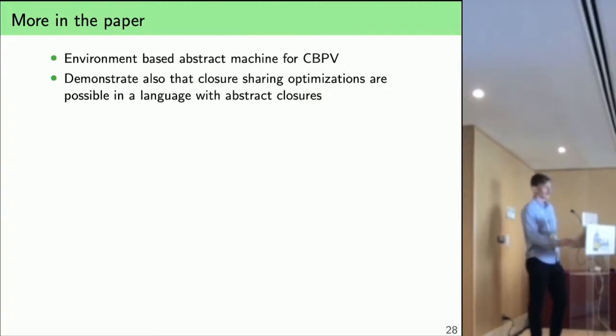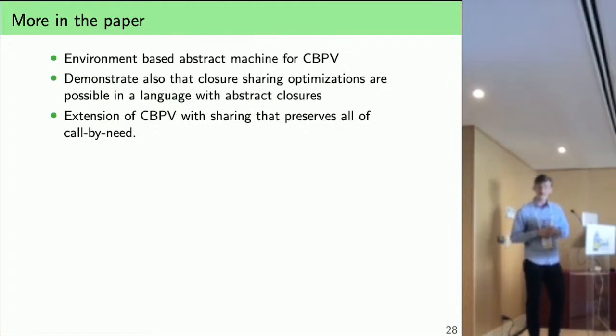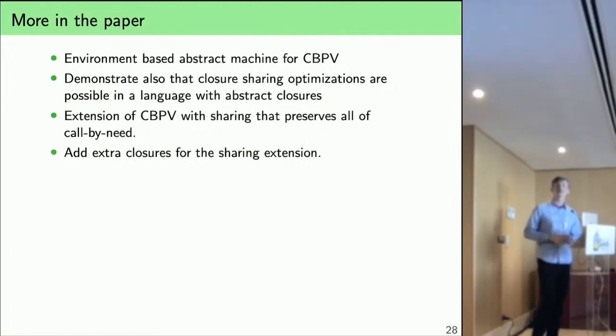So we extended call by push value with a sharing part, which sits in between computations and values. We call them shared computations. And we can actually compile call by need into it and preserve the full equational theory of call by need, including extensionality laws. And then we add closures to that as well.